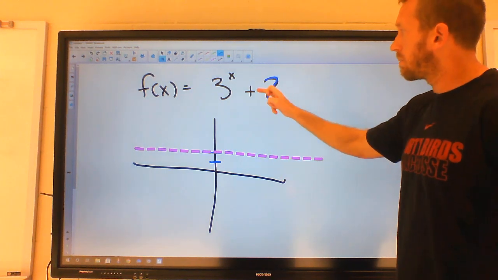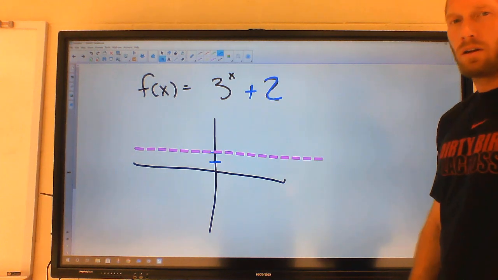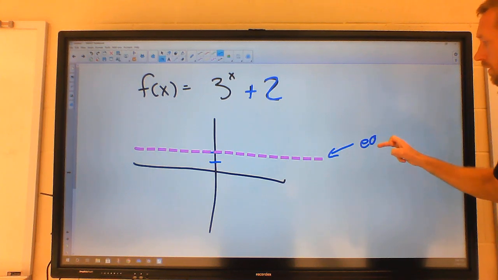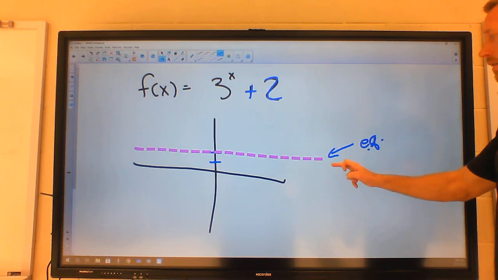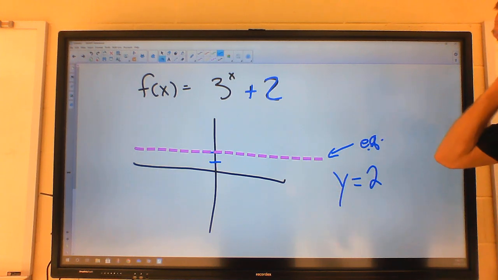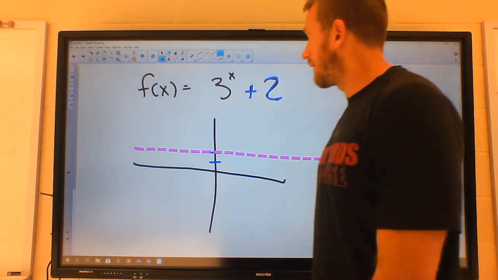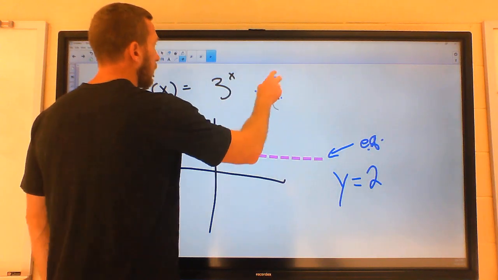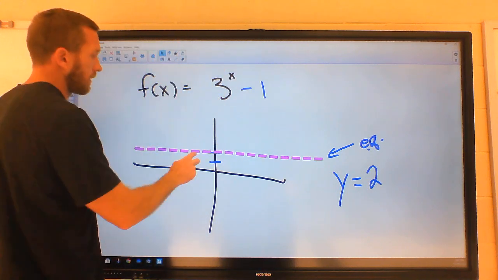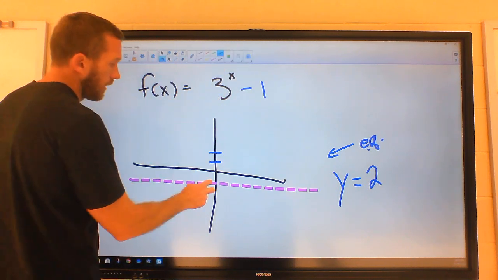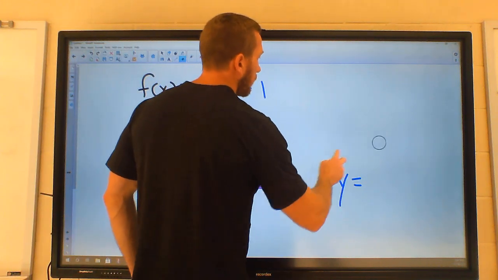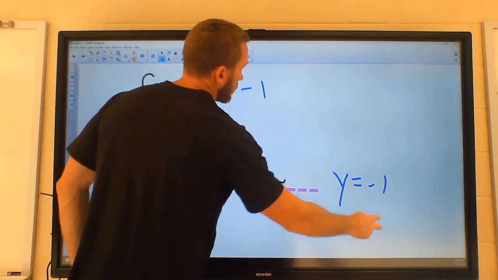We get that from this plus 2 right here, which means our equation for this asymptote is, it's a horizontal line, so y equals the height of 2. That's literally all this is. Basically, if we were to lower this, and this was a minus 1, all that would do is lower our asymptote right there to the height of -1, which changes our equation of our asymptote to be y equals -1.